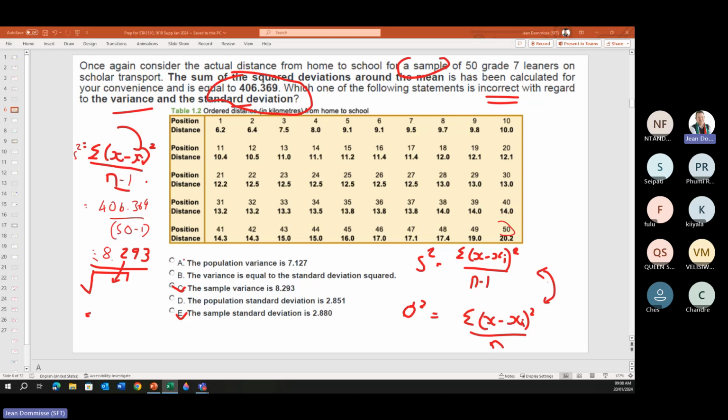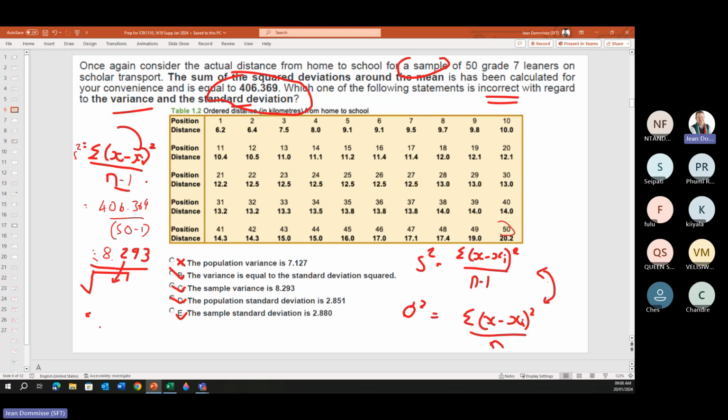So that one would be incorrect. And that one would again be correct.